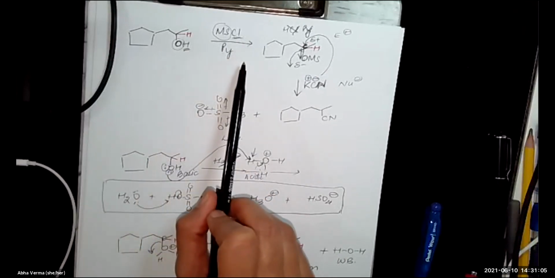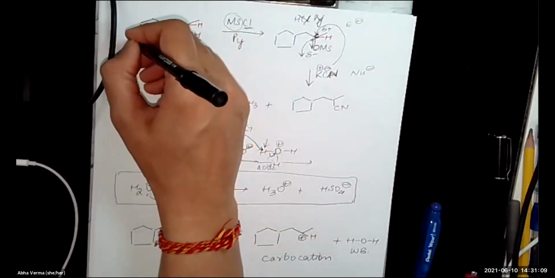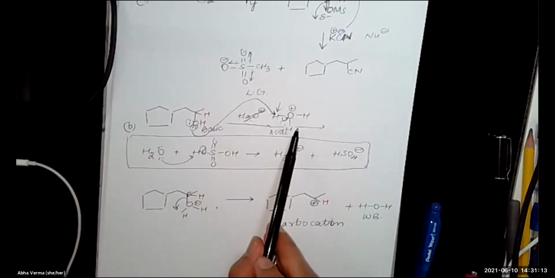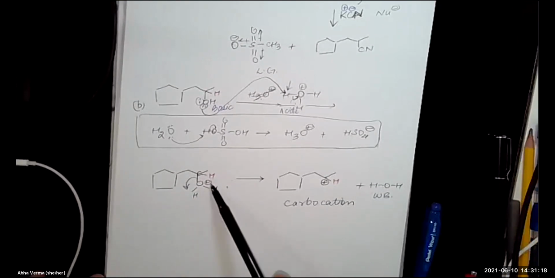So with the OH, you can either introduce a mesylate or a tosylate or a triflate chloride to generate a good leaving group, or you can introduce an acidic medium to generate a good leaving group. So here also you had generated a good leaving group as OMs.